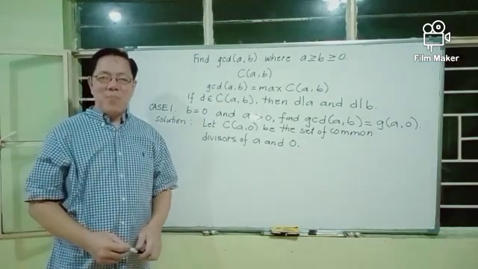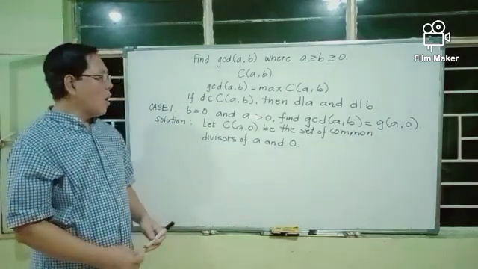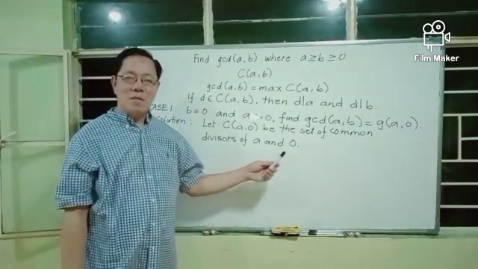We let C of a0 be the set of all common divisors of a and 0.